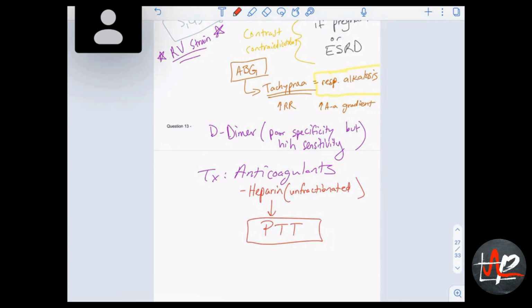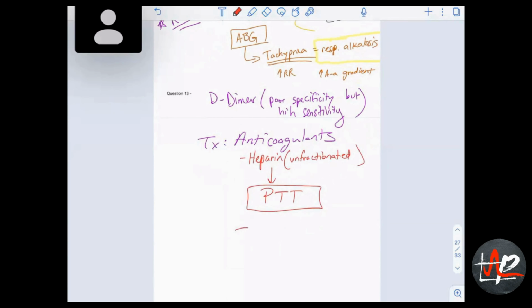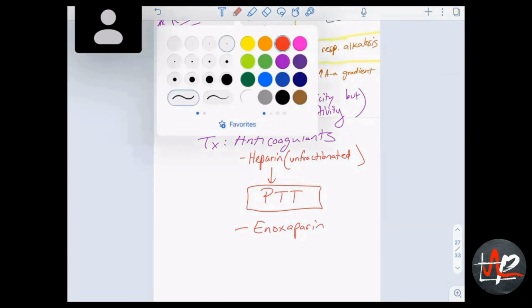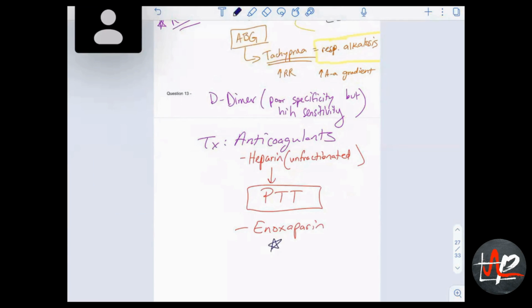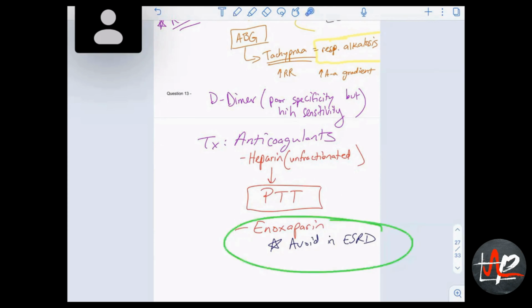So what else can you do? Well, you can also do enoxaparin. Enoxaparin, a good TQ to know is you want to avoid it in end-stage renal disease. So if anybody has a low GFR, you don't want to use enoxaparin.